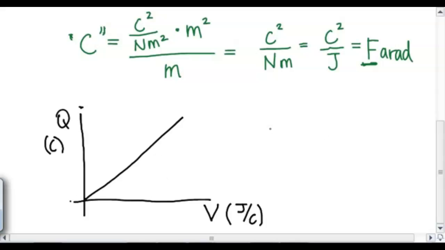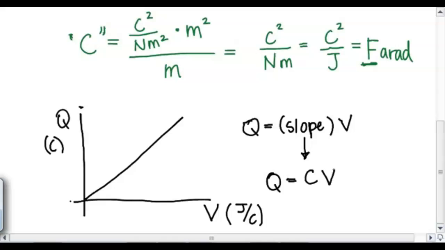Yeah. So we could write an equation, right? Q is equal to the slope of that line times the voltage. And the slope of that line being constant is actually what we call the capacitance.